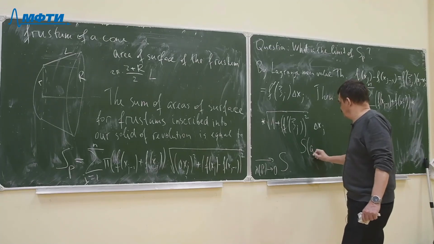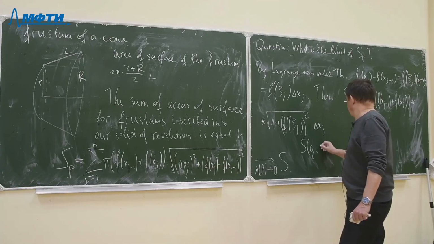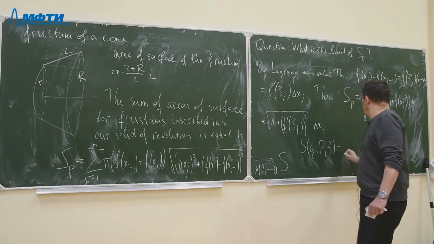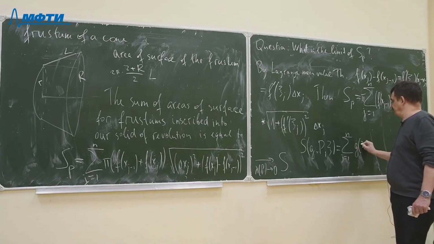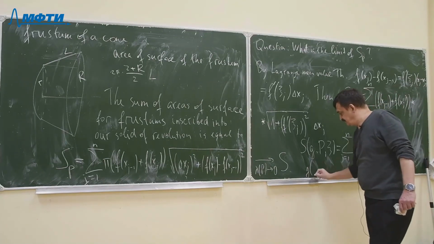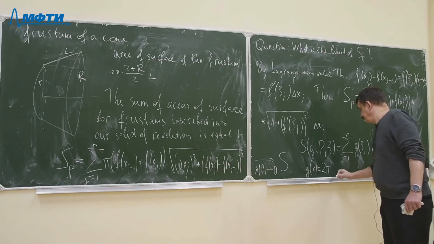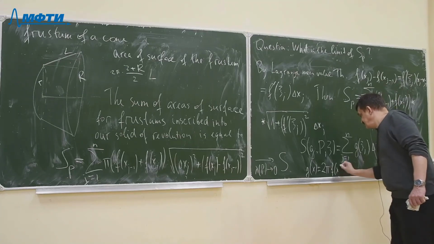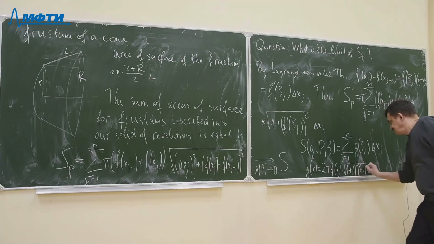S of, let's say g, P, psi is the sum j from 1 up to n of g of psi j times delta xj, where g is the following function, 2 pi f of x times the square root of 1 plus f prime of x squared.